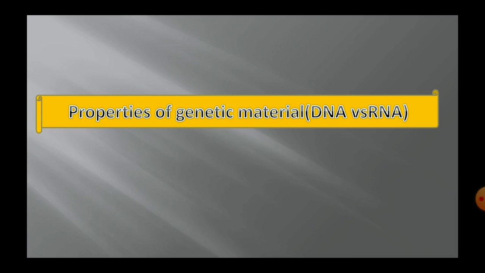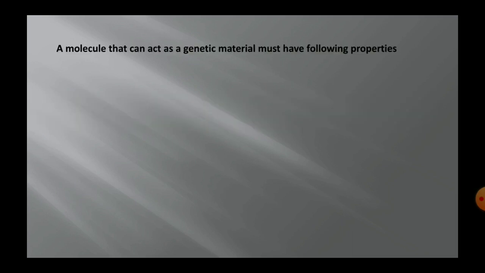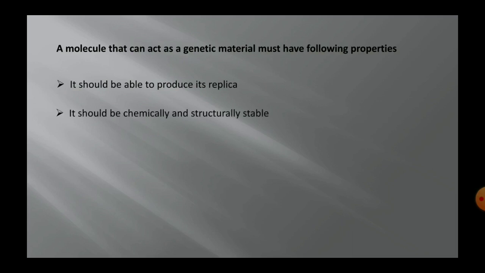What are the properties? The genetic material must have the following properties. The first one: it should be able to produce its replica. Both DNA and RNA produce their replica, whereas proteins will not produce their replica by themselves. So that's why DNA and RNA are considered as genetic material.